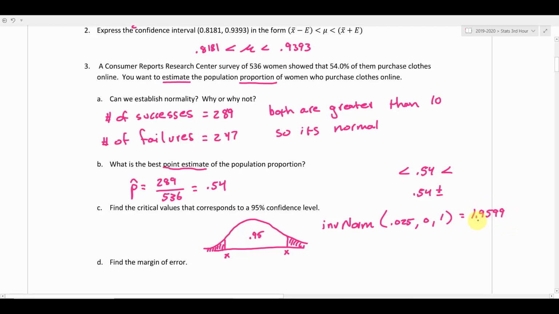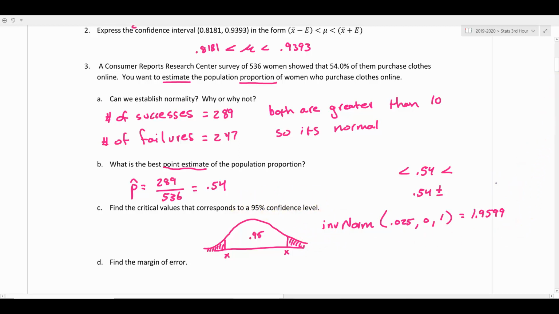I'm going to carry 4 for now, but this would be 1.9599 here, and this would be negative 1.9599 here. So this is telling me I need to go about 1.96 standard deviations to the right and to the left to capture 95% of my distribution here, right? Which is our goal because we want a 95% confidence level.